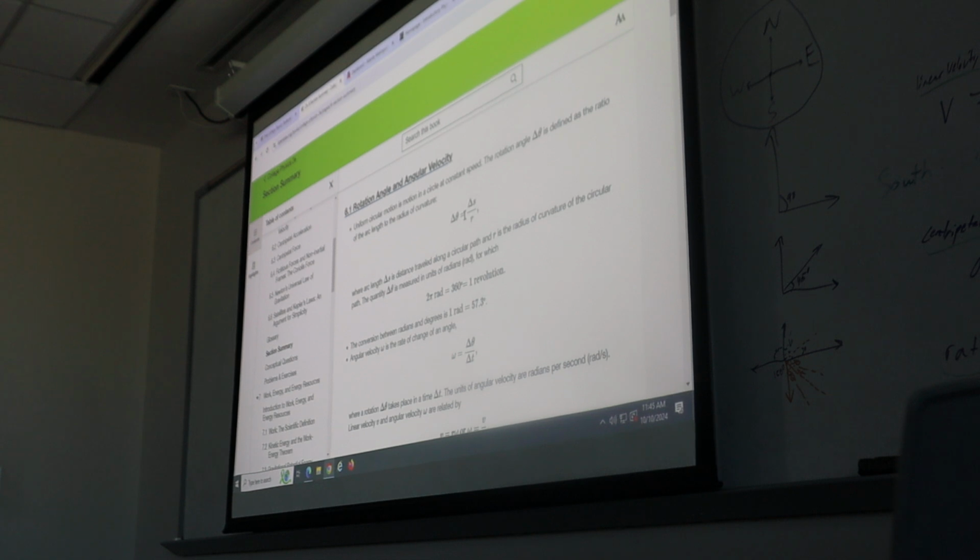And then centripetal acceleration, v squared over r, was 25.8, because the radius is 0.44 meters. And then the ratio to gravity was 2.63.